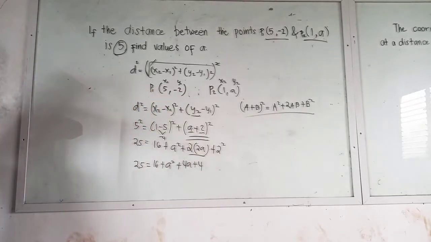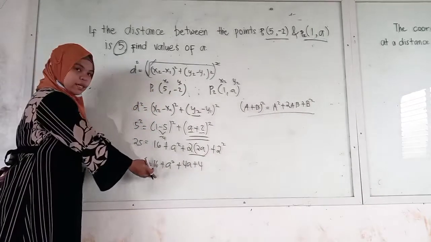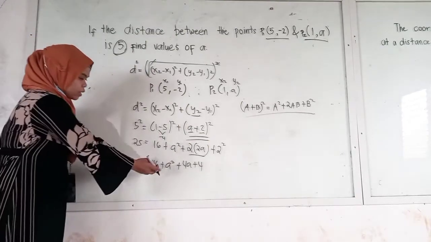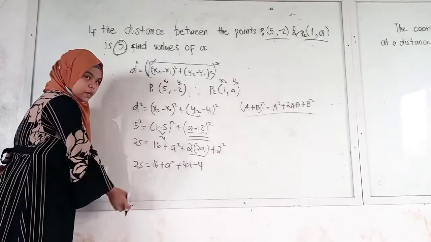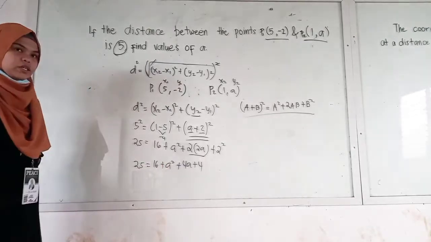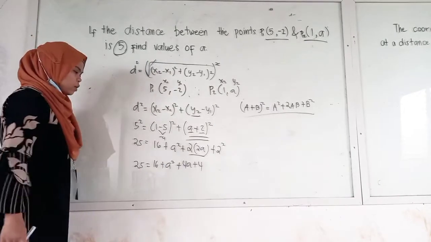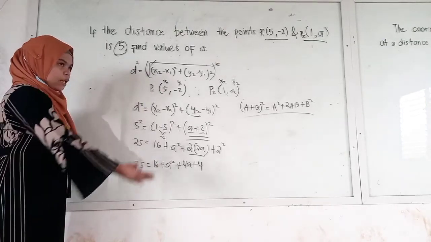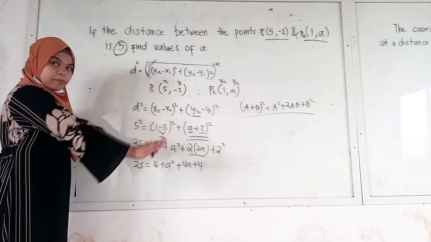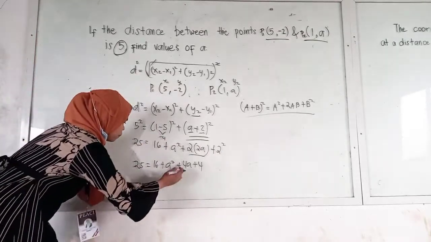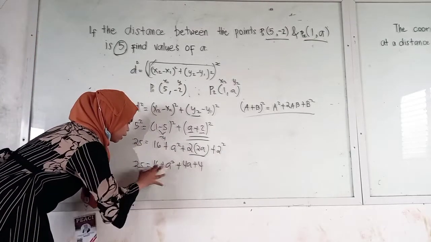Looking at this equation, we have a quadratic equation because the highest degree of the variable A is 2. So how do we solve a quadratic equation? Transpose all the terms to the left, then 0 on the other side. So we can interchange them.